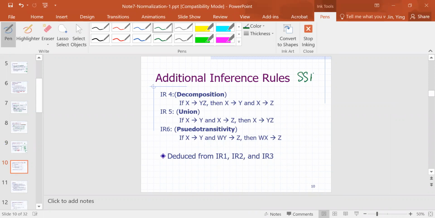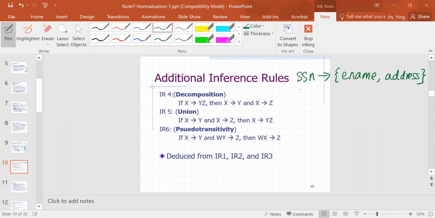So if I know social security number determines name and address, then I know the following things are true. That's SSN to name must be true, and SSN to address must be true.